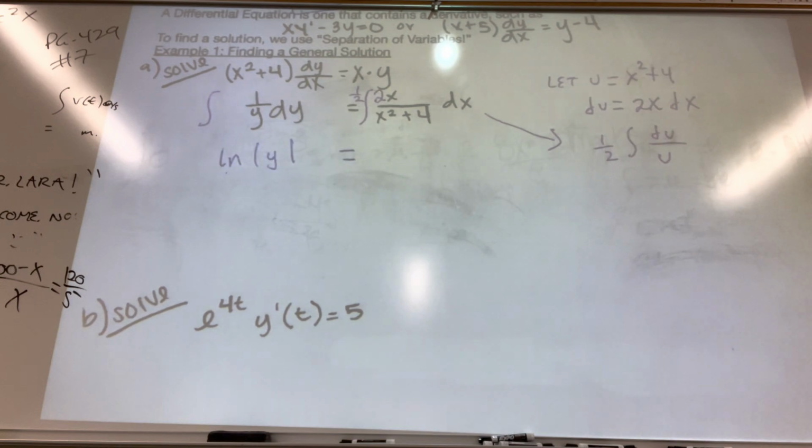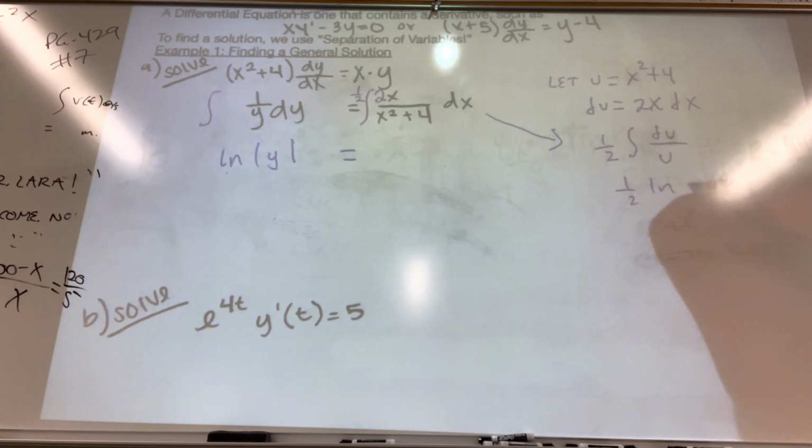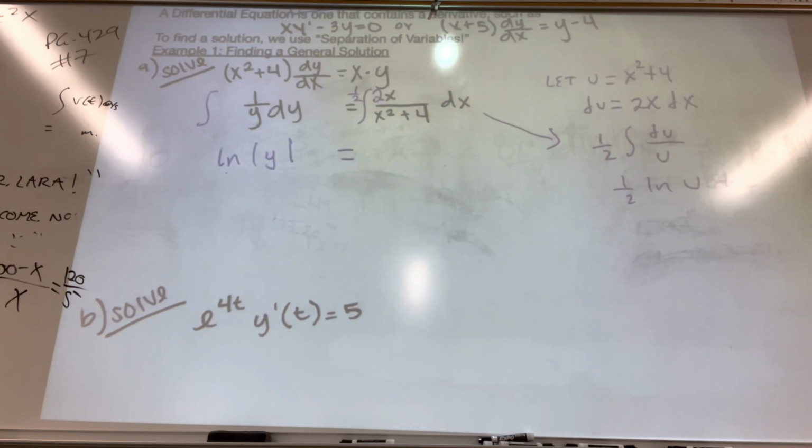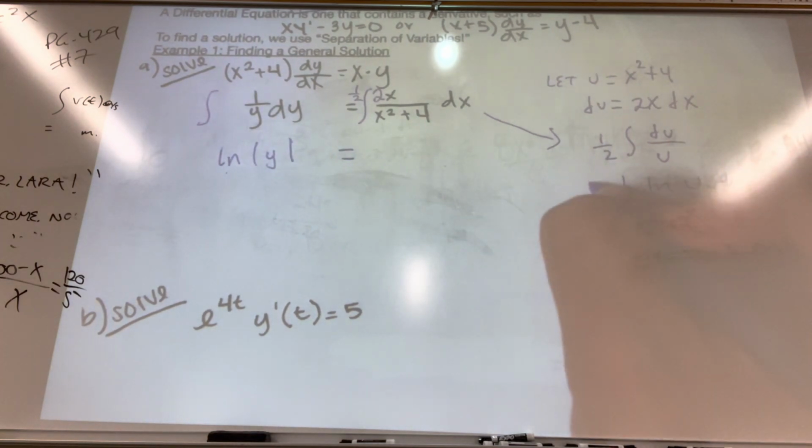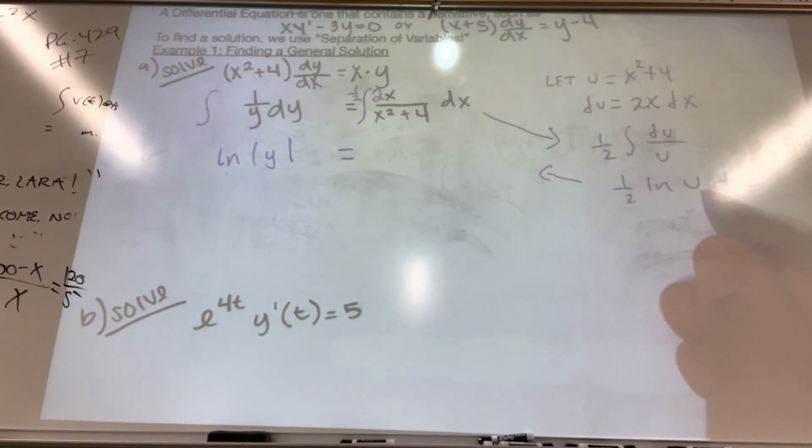What's the antiderivative of 1 over u? ln u, plus c. We good? So now that I have that, I'm going to bring that back over here, and I'm going to plug in the x again.